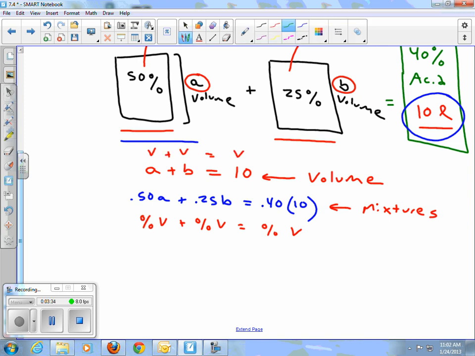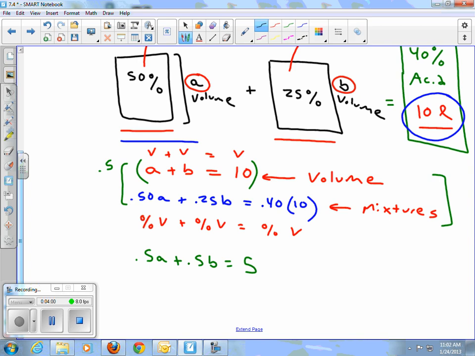So taking a look at this system of equations, we can solve this system by using elimination, substitution, or graphing. The best method here is going to be to solve by using elimination. So, in order to use elimination, I'm going to multiply this equation by 0.5, which gives me a new equation, 0.5a plus 0.5b equals 5.